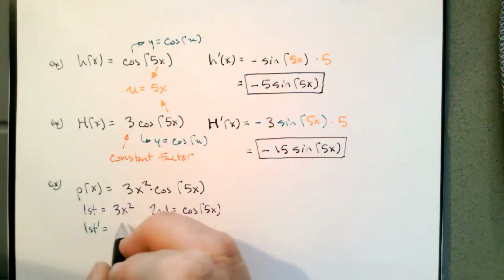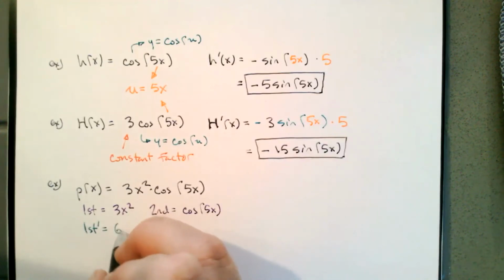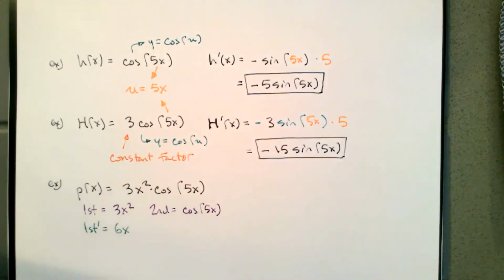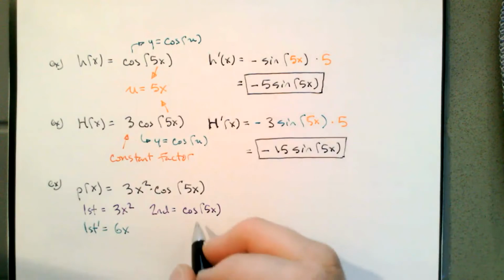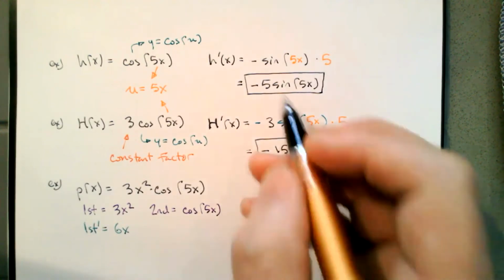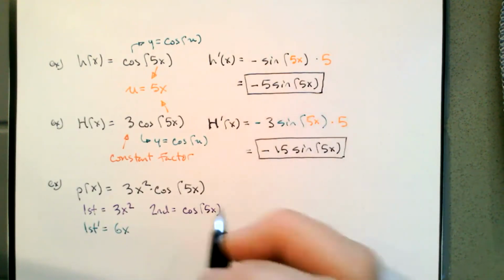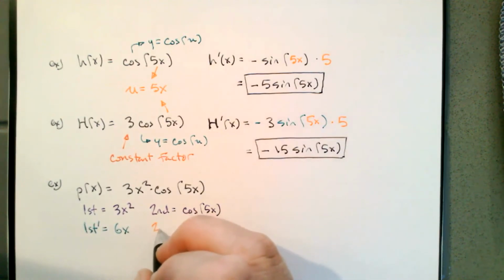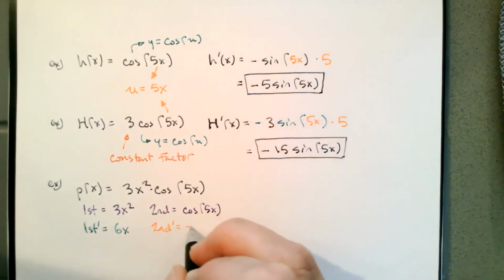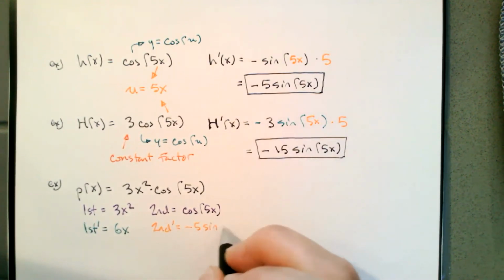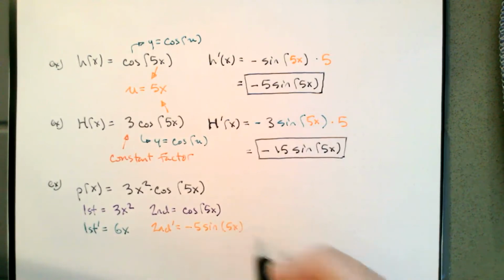The derivative of 3x squared is 6x to the first. And the derivative of the second, the derivative of cosine of 5x, is negative 5 sine of 5x, just using the result that we had before.